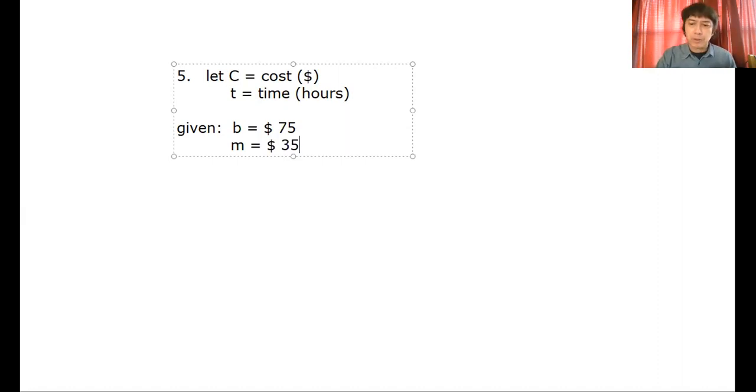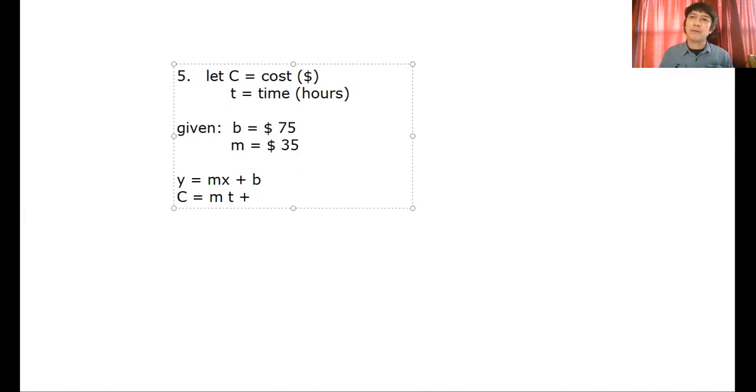So we start with the format for slope-intercept, again y equals mx plus b. And then we now change the variable to C. That's for the cost. And our m will remain m. Our x, the input, is t, time. So the cost depends on the time.